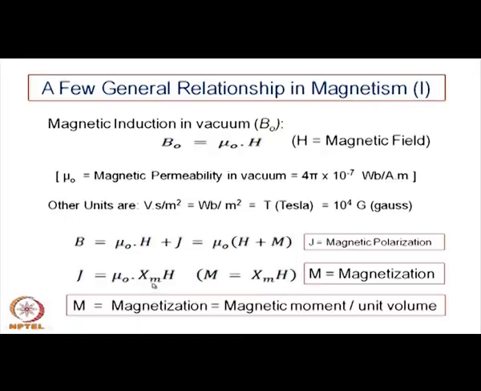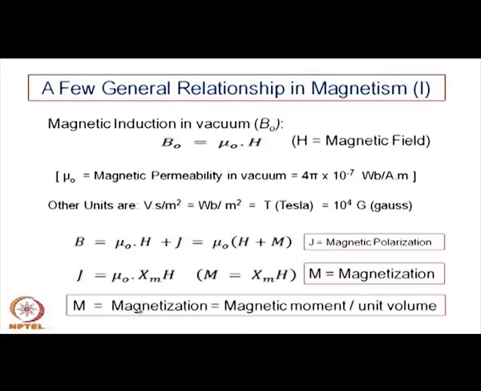Chi M is the magnetic susceptibility, and it is written as chi M equal to M by H. So, J is mu 0 multiplied by chi M multiplied by H.